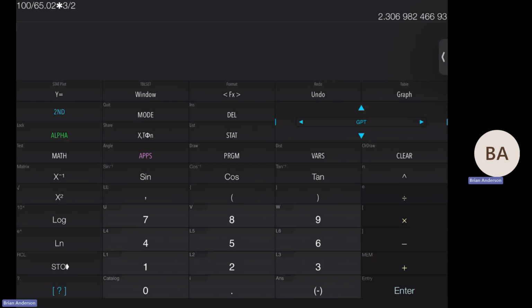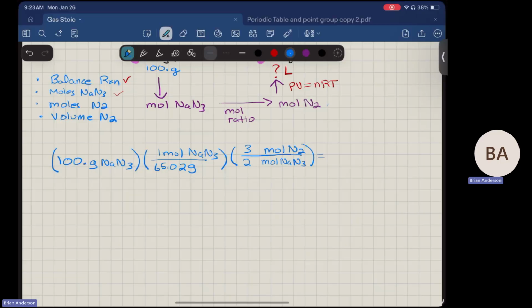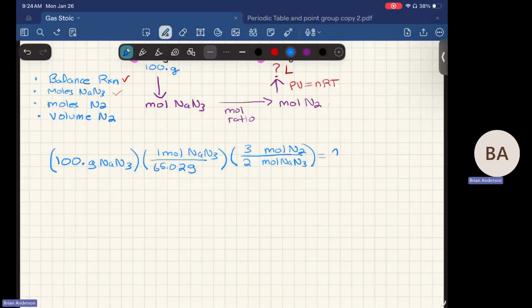And that's going to give us 2.31 to the correct number of sig figs. So now we can come back and say that's going to be 2.31 moles of N2.